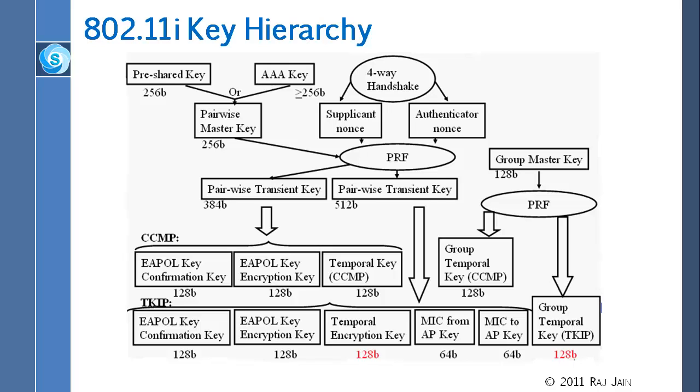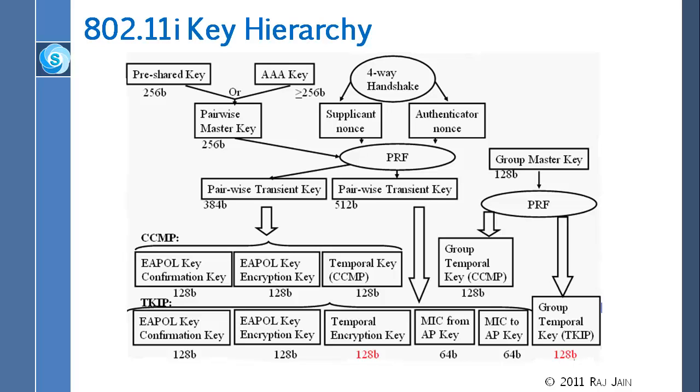So anyway, now how many keys do you have? You have the EAPOL key confirmation key, the EAPOL key encryption key, then you have the temporal encryption key, and then you have the MIC from access point key, and the MIC to access point key. So let me explain the meanings here. When you do the EAPOL negotiation, you need some keys, and those are these keys.